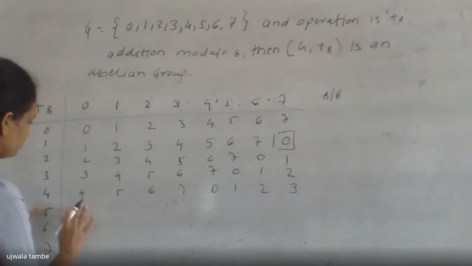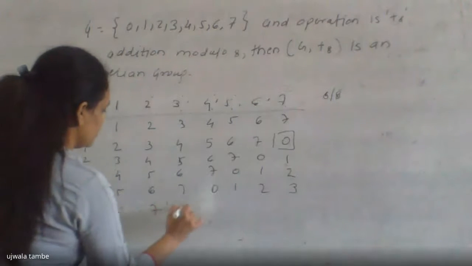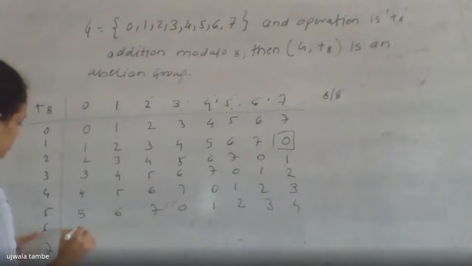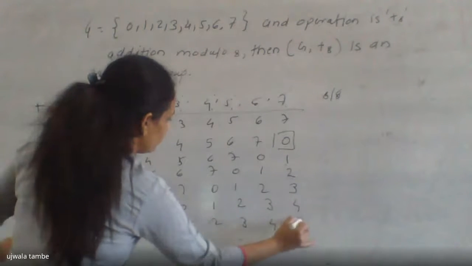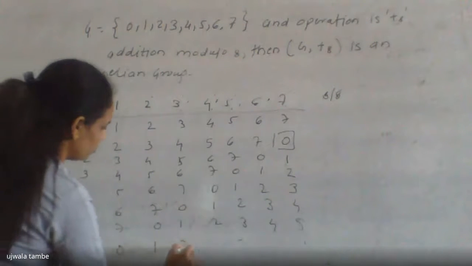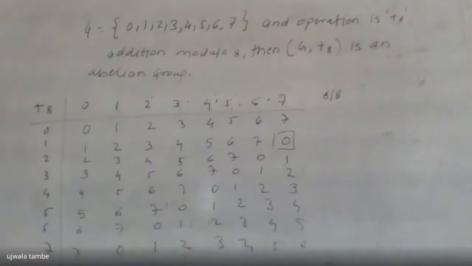And 5, 6, 7, 0, 1, 2, 3, 4. And for 6, 6, 7, 0, 1, 2, 3, 4, 5. For 7, 0, 1, 2, 3, 4, 5, 6. So, have you got the same table?